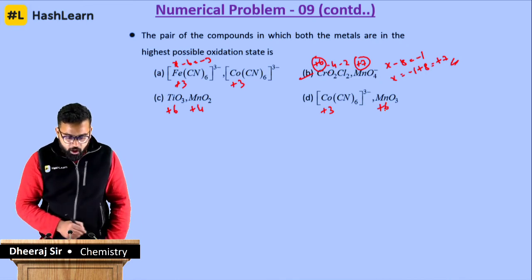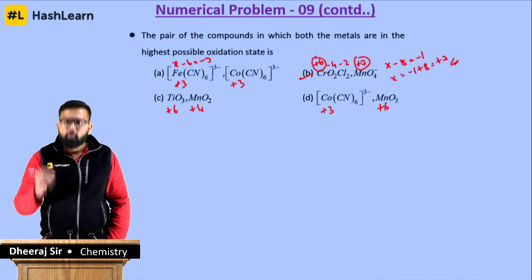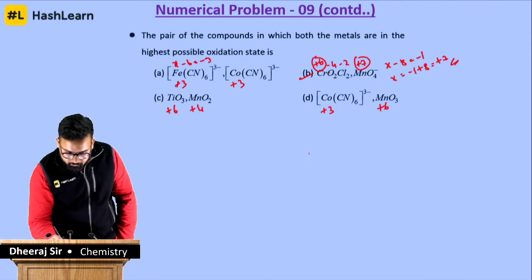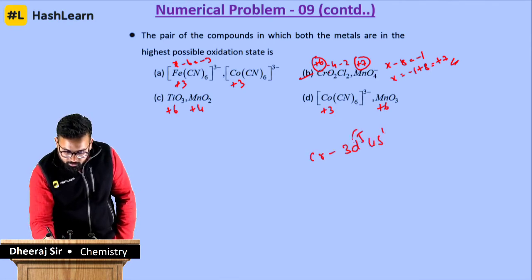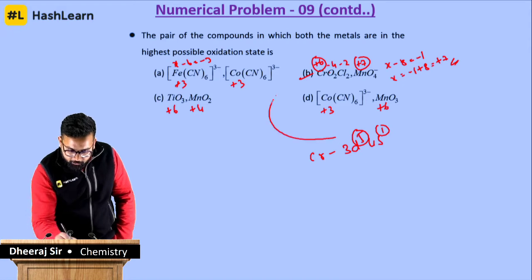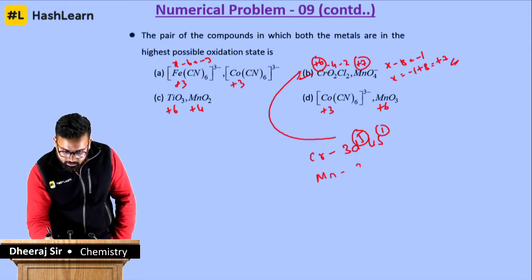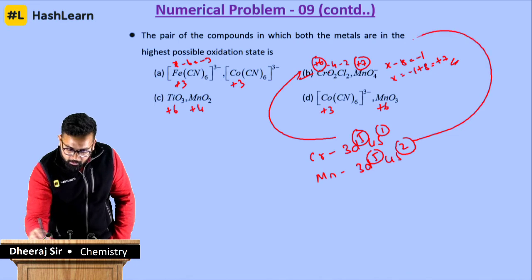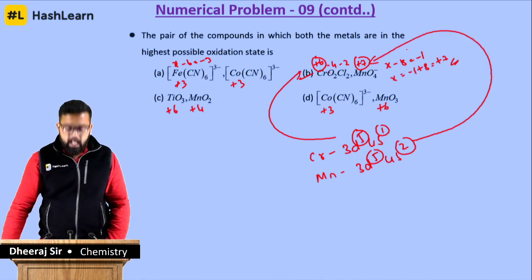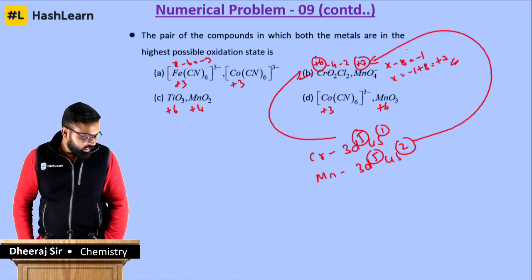So for the maximum possible oxidation state, you should know that chromium is 3d5 4s1, I can get rid of 6 electrons. Therefore, maximum oxidation state is +6. Manganese is 3d5 4s2, I can get rid of 7 electrons. Therefore, maximum oxidation state is +7. Hence, option B is the right answer.